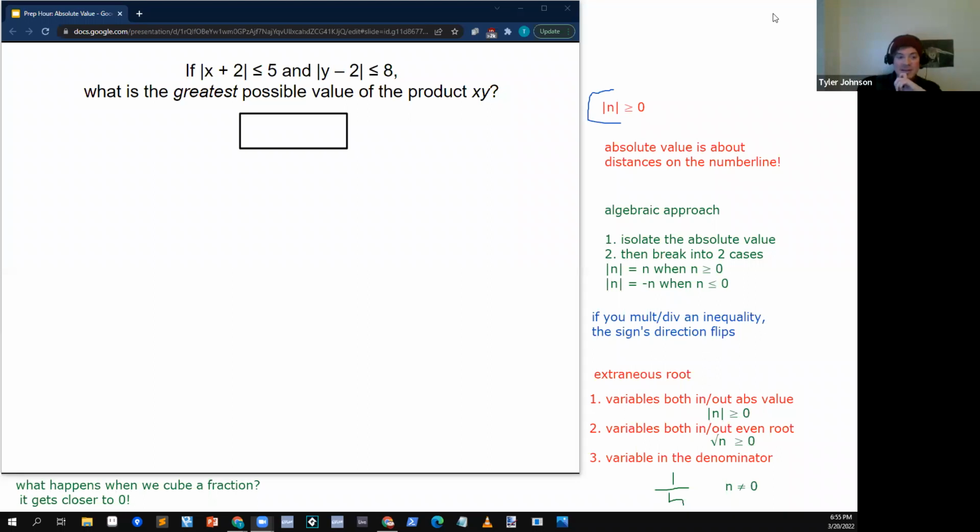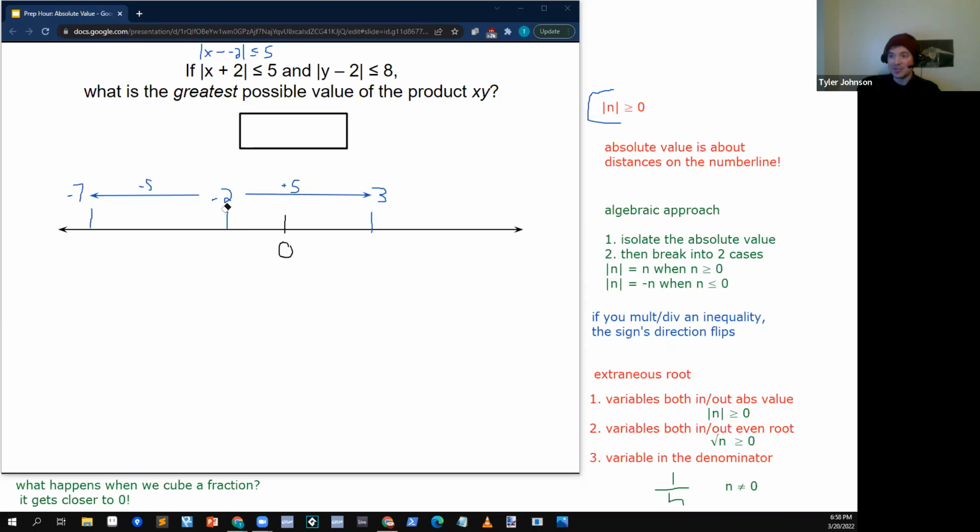First thing I'd like to do here is looking at that first absolute value, x plus 2, rewrite that in the subtractive form. So x minus a negative 2. The distance between x and the negative 2 has to be within 5 units. So now I think about my number line. There's 0, there's negative 2. I can be 5 units to the right or 5 units to the left.